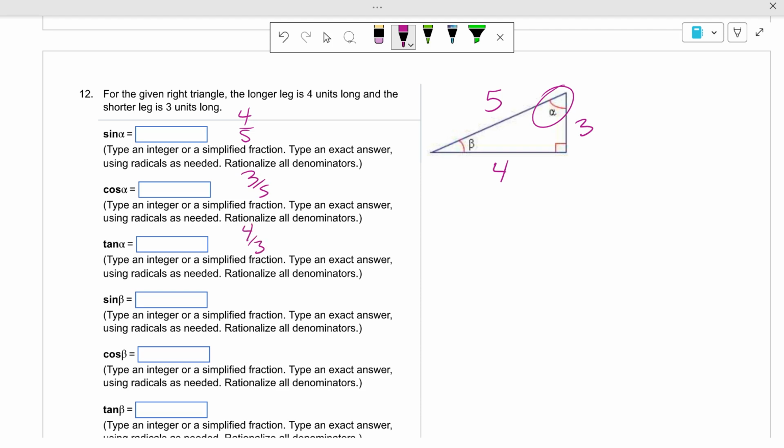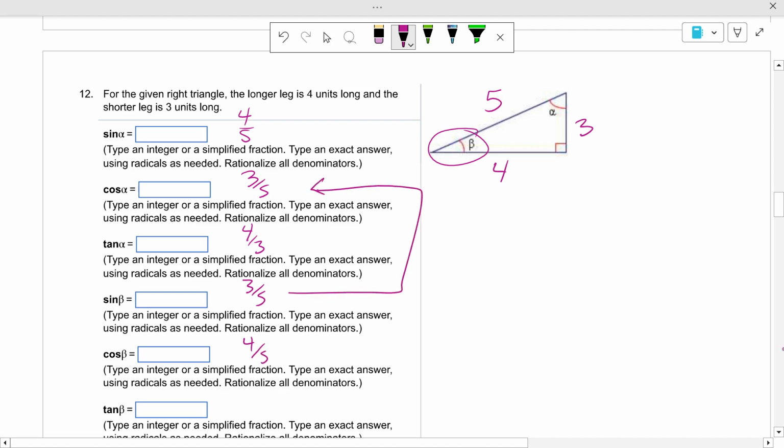4 over 3. Then it asks for the sine of beta. So then we have to switch the angle that we're talking about. The sine of beta is 3 over 5. The cosine of beta is 4 over 5. So notice, the sine of beta is the same as the cosine of alpha because we're using the same numbers.